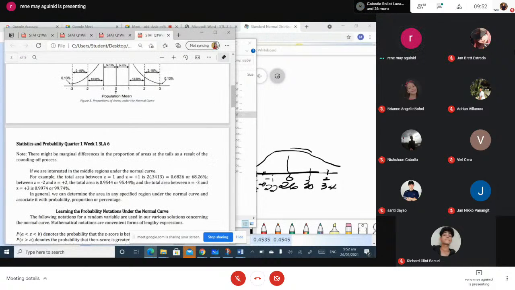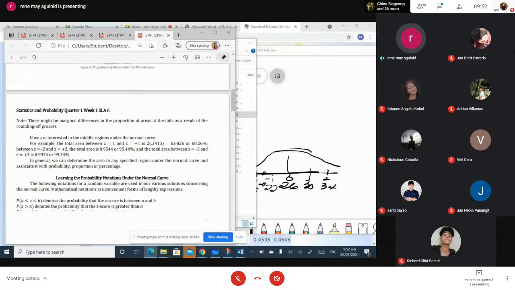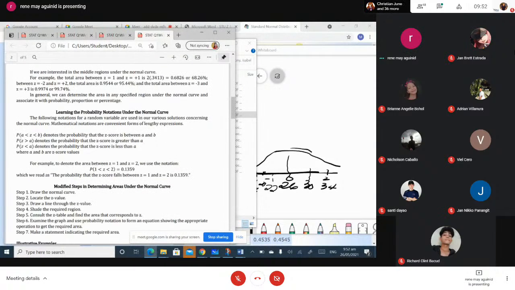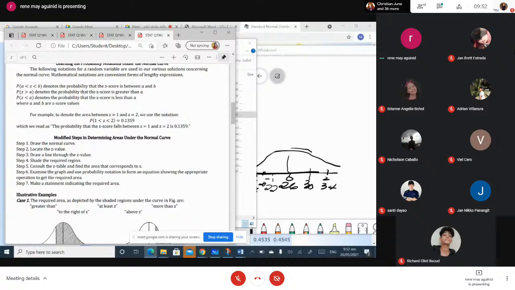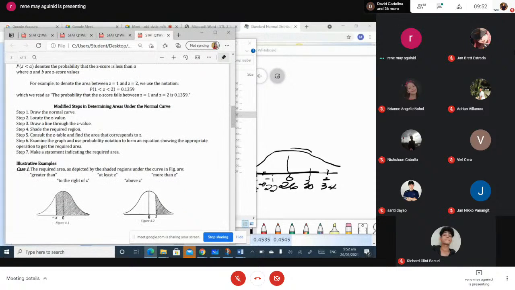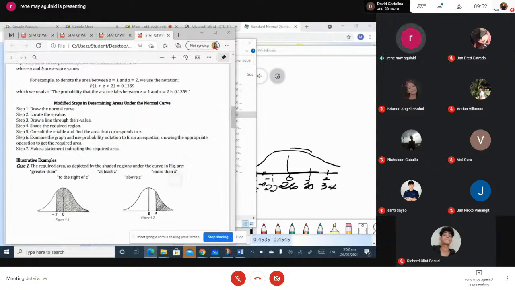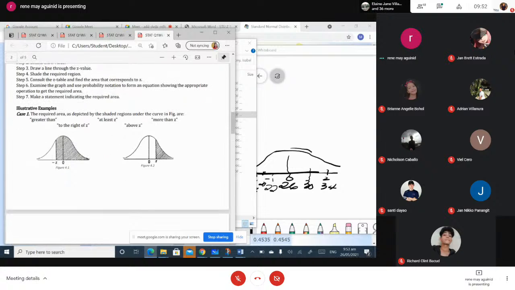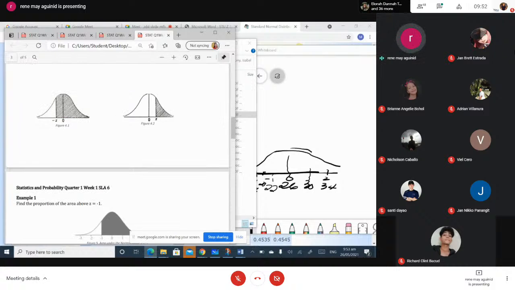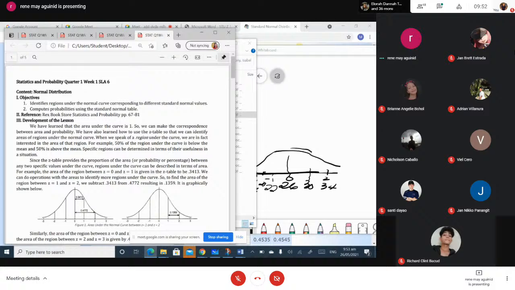So you're going to determine the probability under the normal curve. Okay. So example, find the area. Find the proportion, alay dito sa area.